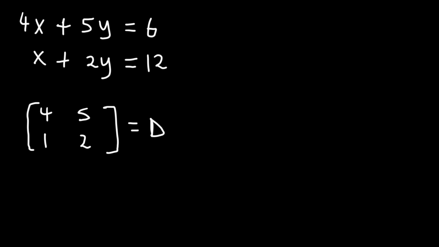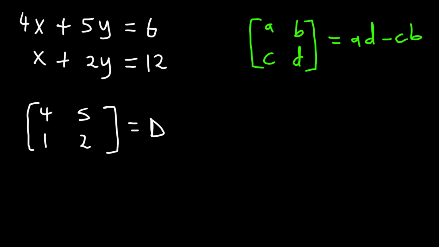Now notice that we have a 2 by 2 matrix. Whenever you have a 2 by 2 matrix containing the numbers A, B, C, and D, the determinant of this matrix will be equal to AD minus CB.